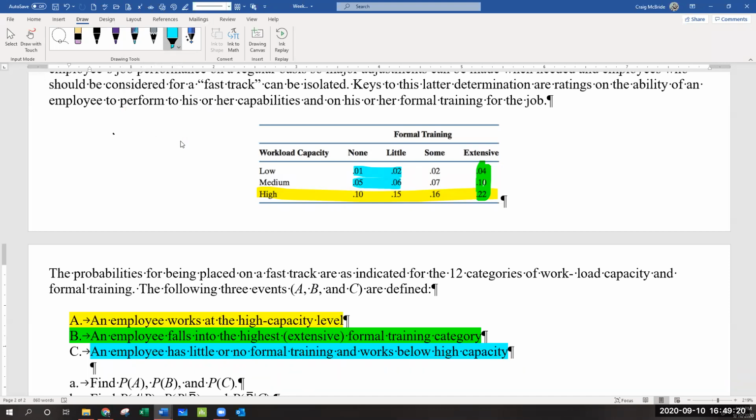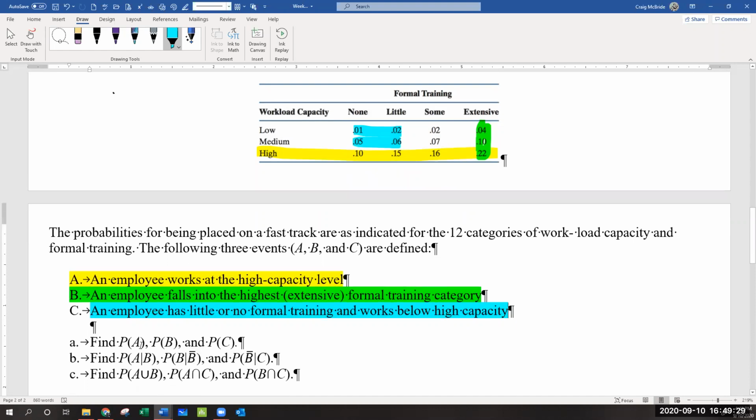So now we can visually see what these three things are. And now it should be very easy to do part A, because probability of A is simply add up all the yellows, right? Part B, add up all the greens. Part C, add up all the blues, okay?